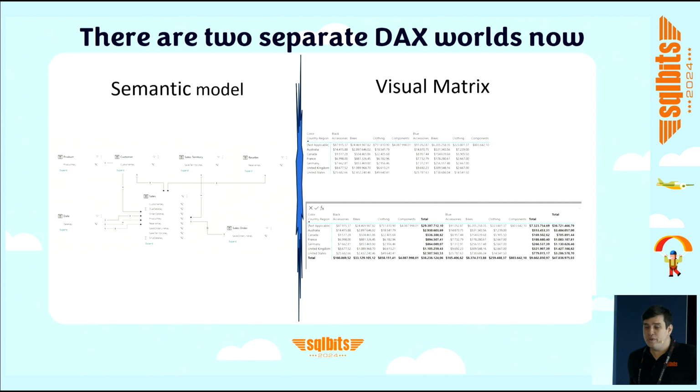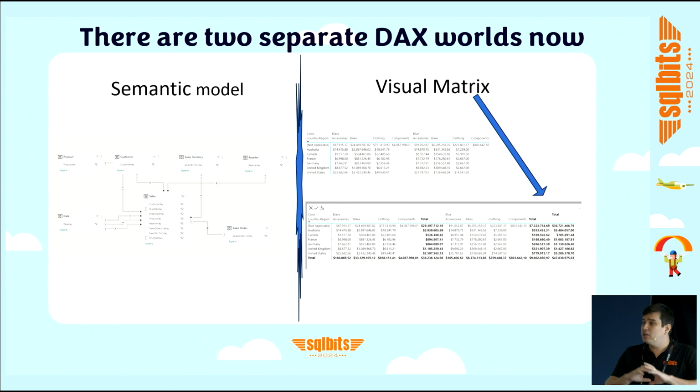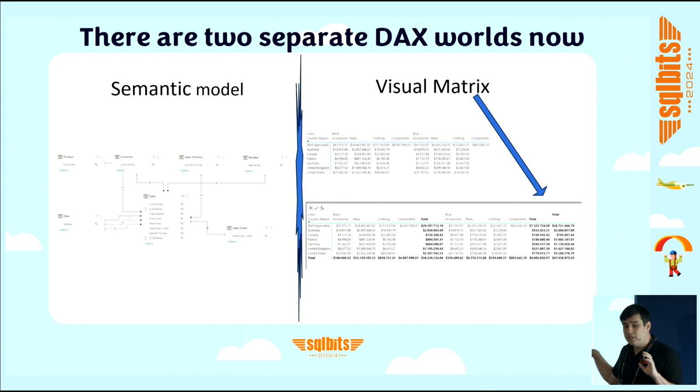So with the semantic model, there are some concepts that for regular business users are hard to acquire. And with visual calculations, you have the visual matrix, which is the bottom part that you see in the edit mode, with all the numbers that you can play with, including the totals.